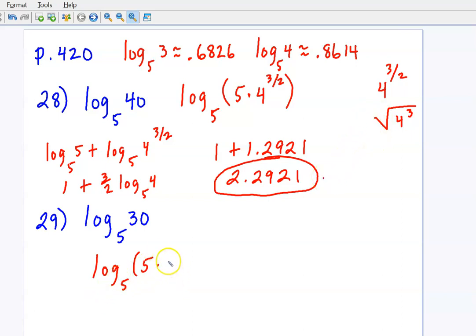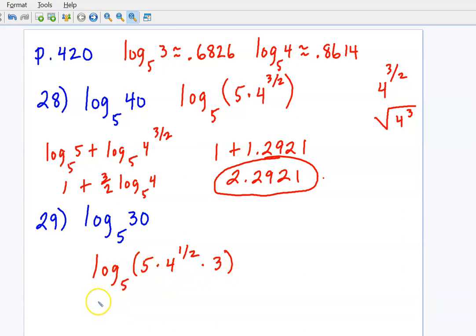Okay, so 4 to the 1/2. And then I've got this log base 5 of 3, so I can utilize that. So this is like 5 times 2, 4 to the 1/2 times 3. And this is another way of writing log base 5 of 30. 5 times 2 times 3 is 30.